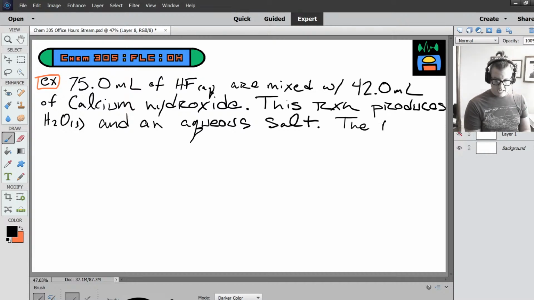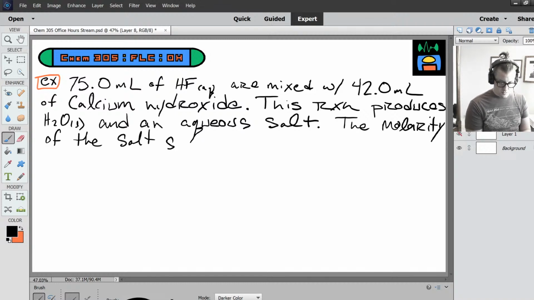The molarity of the salt solution was 0.208 molar.